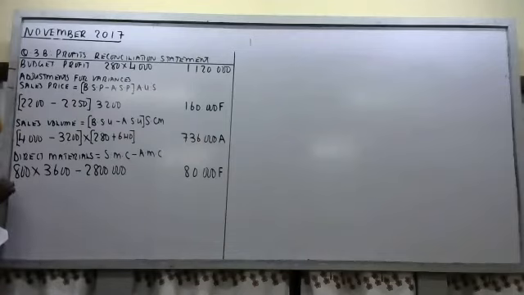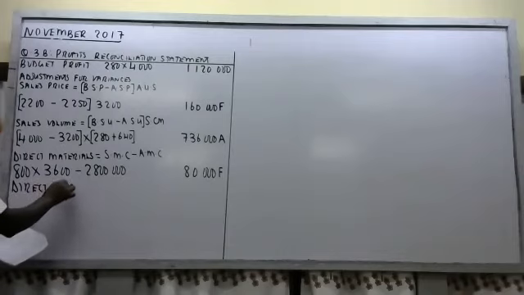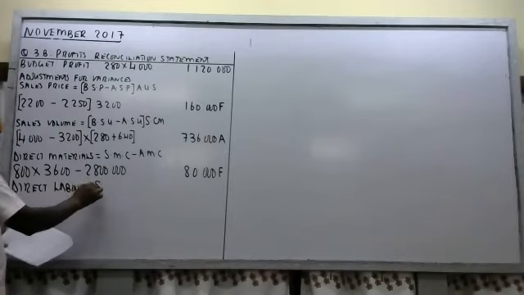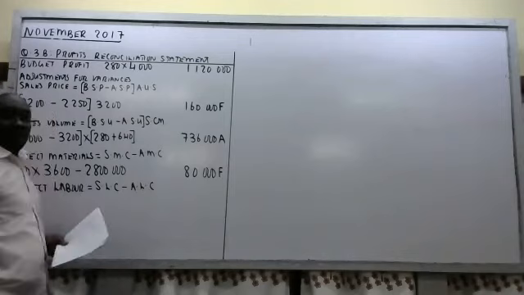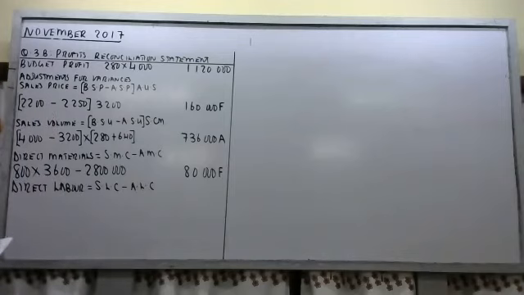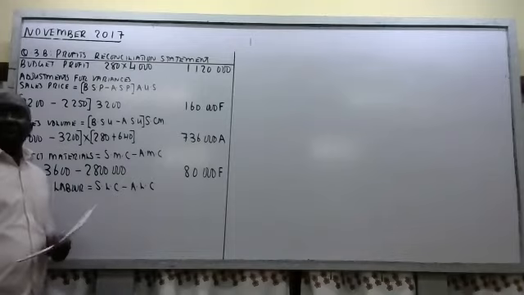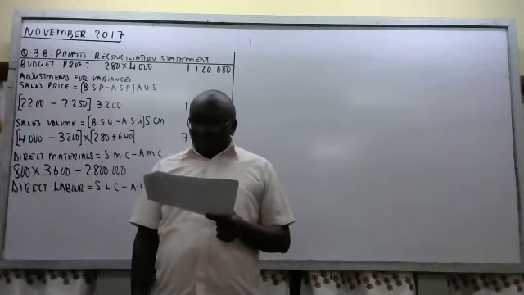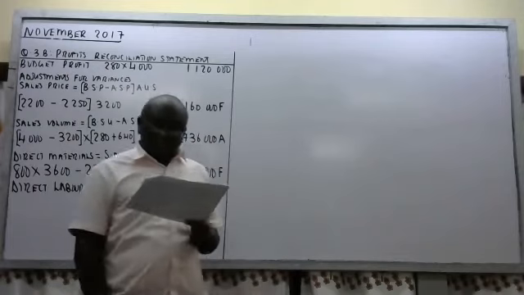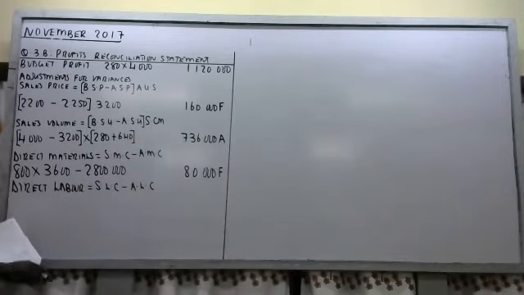That is direct labor. Direct labor is given as standard labor costs minus actual labor costs. So we argue the same way. This is a production cost. Looking at the standard card above, we have 320, and the units produced are 3,600.